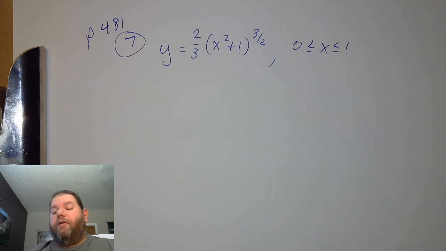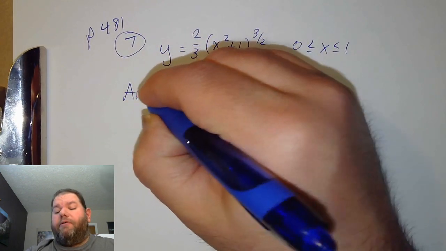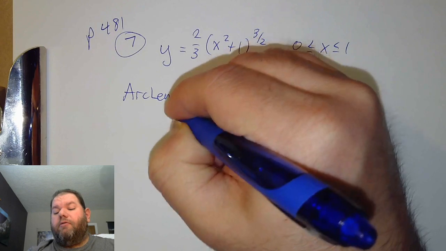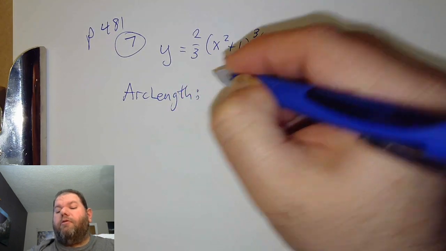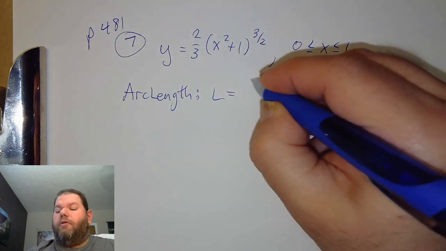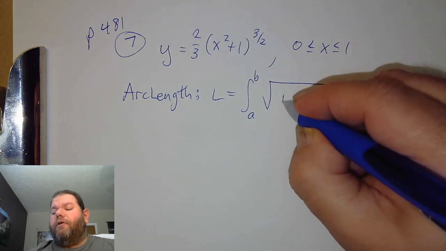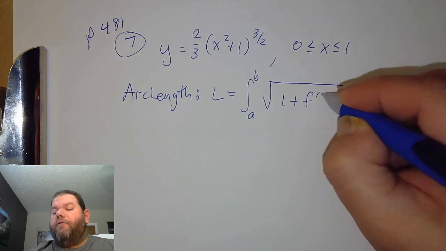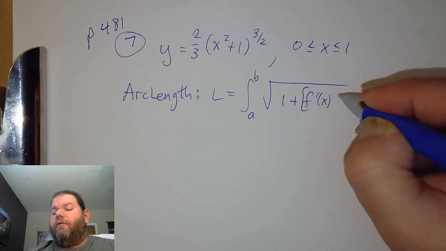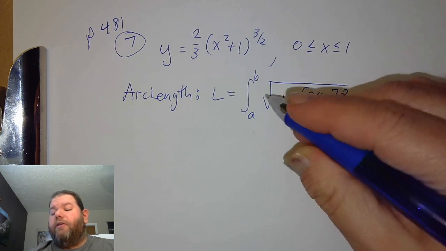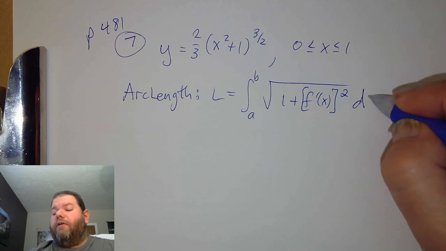Okay. Now our arc length formula is the integral a to b of the square root of 1 plus f prime of x, and that term squared, and then the square root is outside of that, dx.